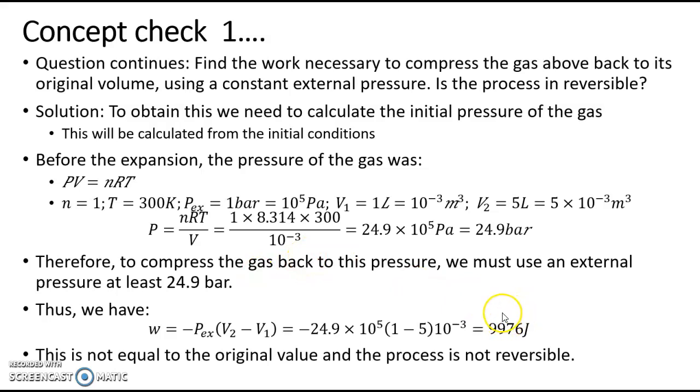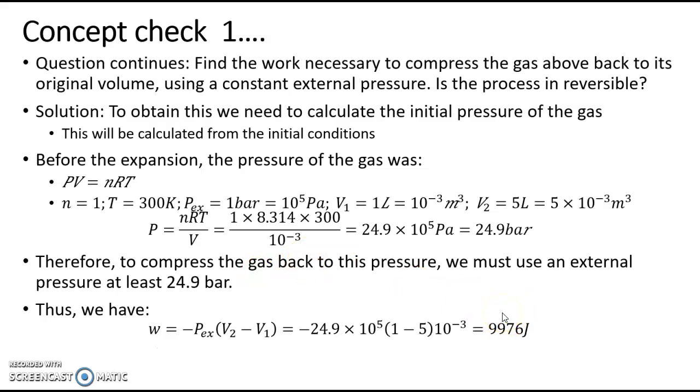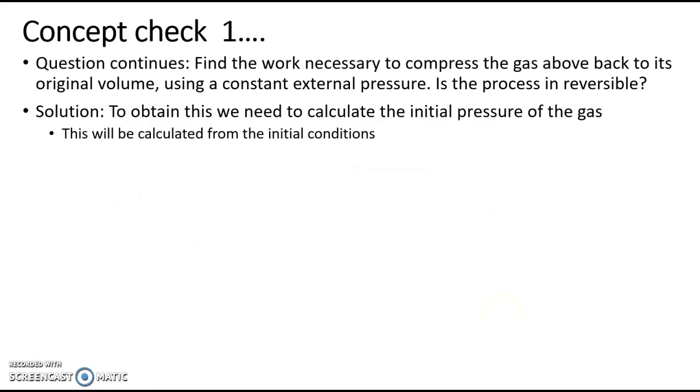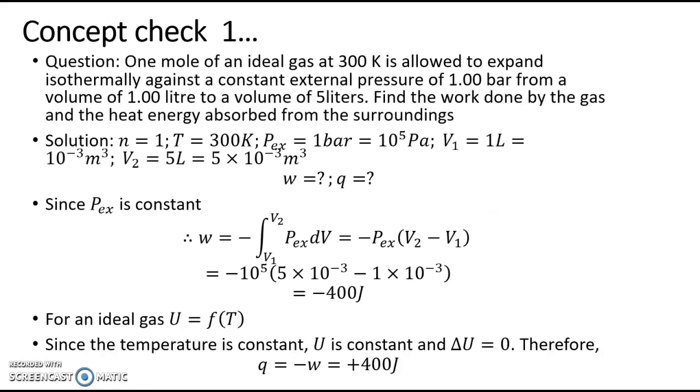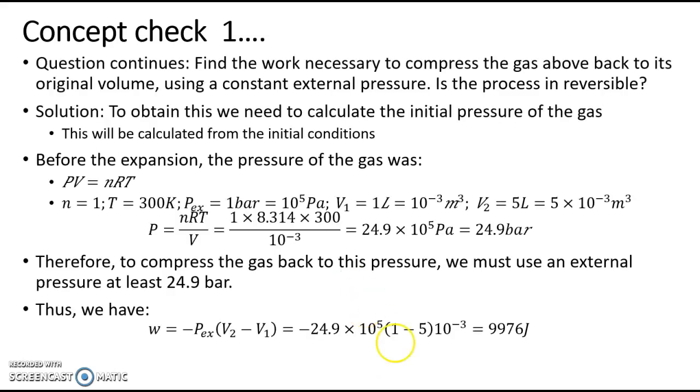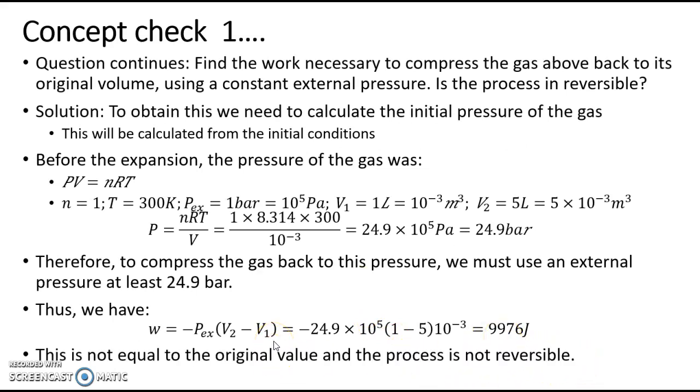Since this is not equal to what we have in the previous calculation, let's quickly go back to it. In expanding from 1 to 5, the system did a work of 400 joules, but in taking it back, 9,976 joules is needed. Because these two values are not equal, the process is not reversible.